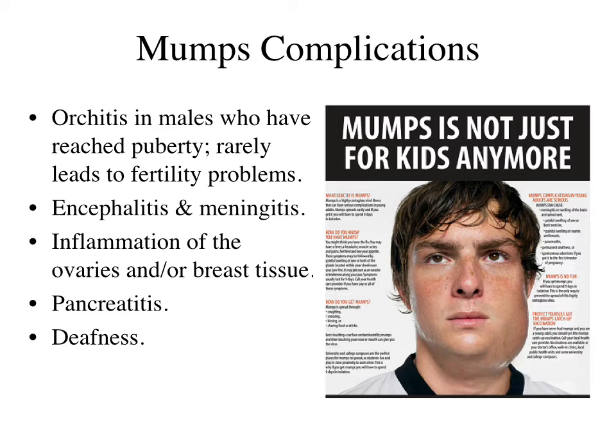It can cause encephalitis and meningitis in individuals. You can get inflammation of ovaries and breast tissue. There's evidence of it causing pancreatitis, or inflammation of the pancreas. And as a very severe complication, occasionally it can result in deafness.